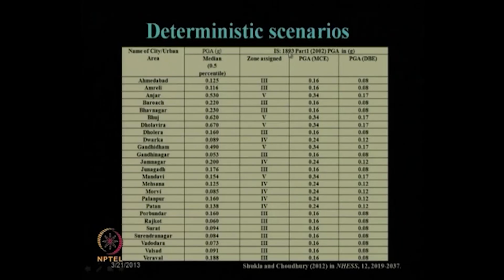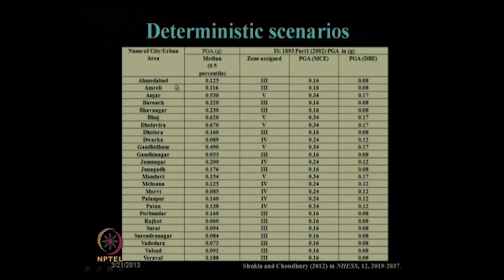The zone assigned as per IS 1893 for Ahmedabad is zone 3, and the PGA value as per IS code considering MCE, maximum credible earthquake, is 0.16, which is relatively close to this finding. If you consider the design basis earthquake, the PGA value is half of this MCE, which is 0.08 g for Ahmedabad. Like that, for all other cities you will find the values.